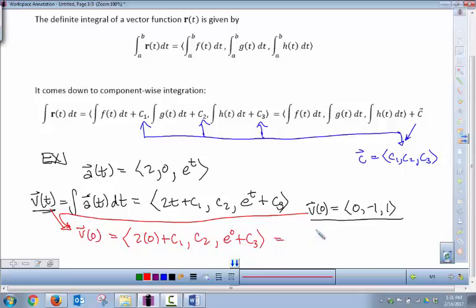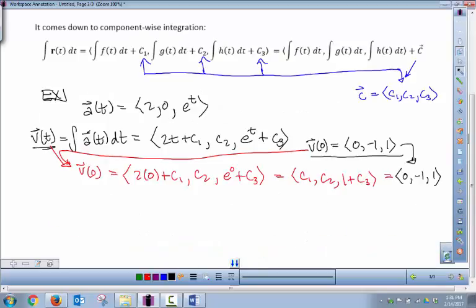And this is supposed to equal this value. Let's work this out. 2 times 0 is 0, so this is c1. This is c2. This e to the 0 is 1. And this, according to our initial condition, is supposed to be 0, -1, 1.